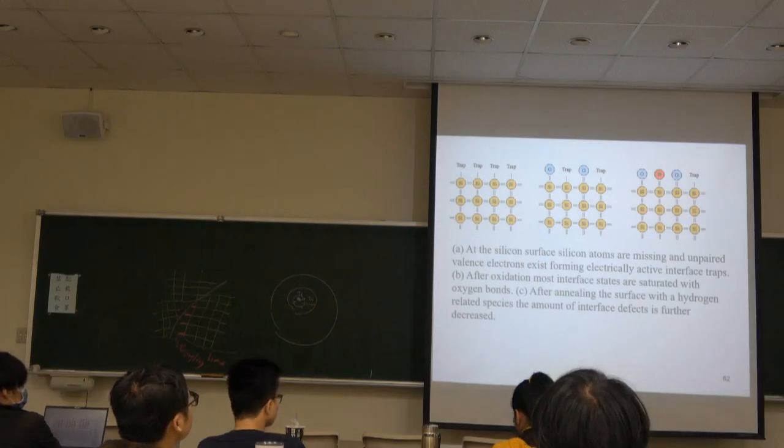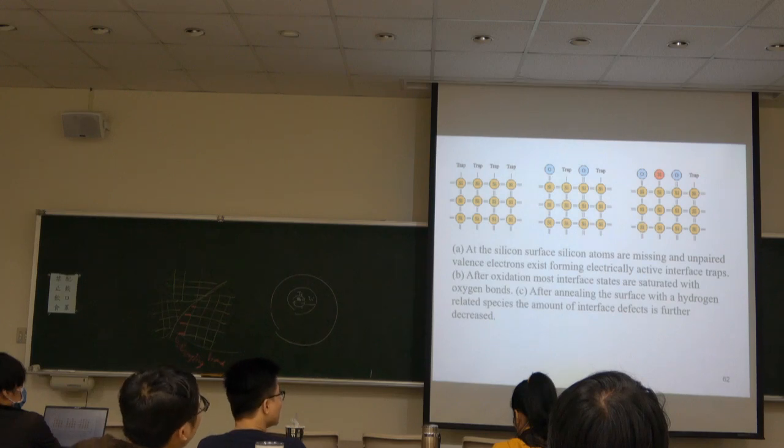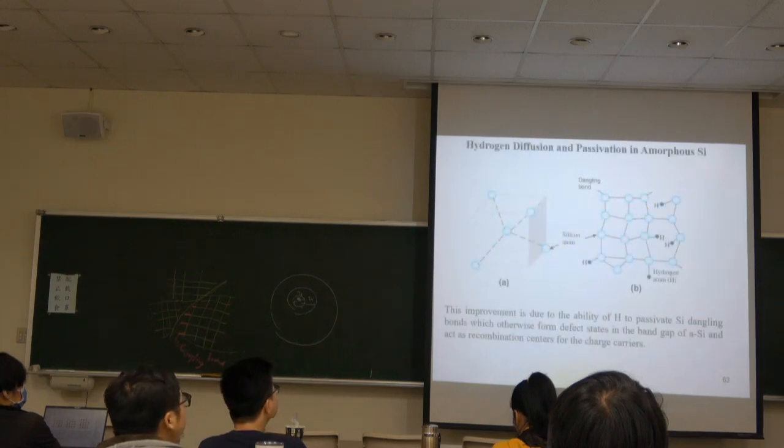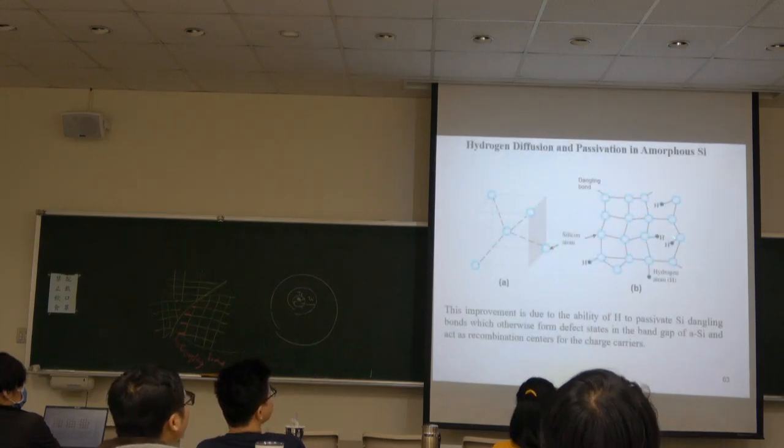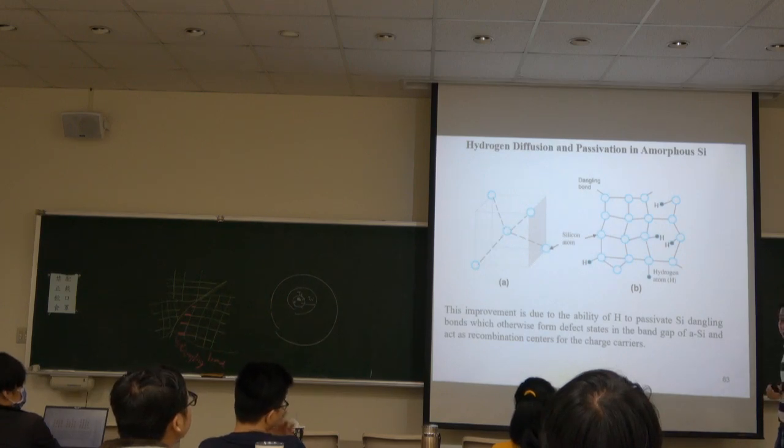So take some amorphous silicon, you know the amorphous silicon. I will show an example here. This is the amorphous silicon. It is easy to observe dangling bonds in amorphous silicon, and usually we use hydrogen to passivate the dangling bond.